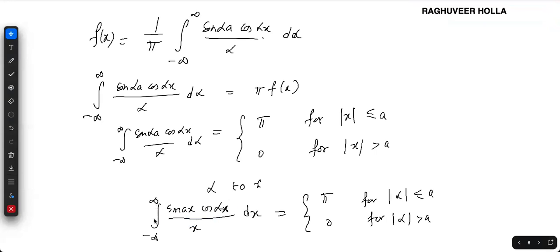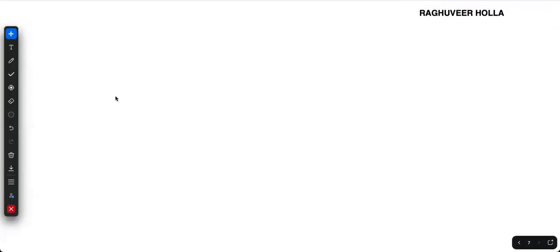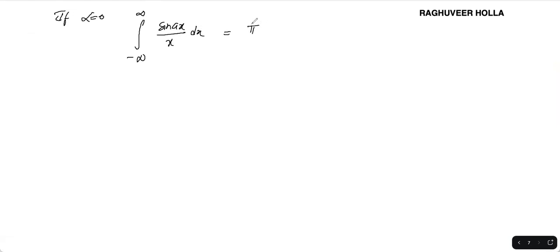Now in this, let us substitute alpha as 0. So cos 0 is 1. If alpha is 0, the integral of sin ax by x dx is equal to pi.